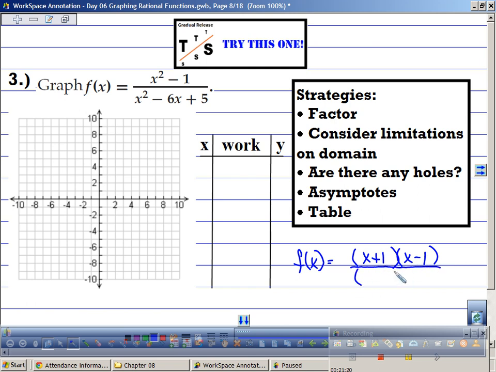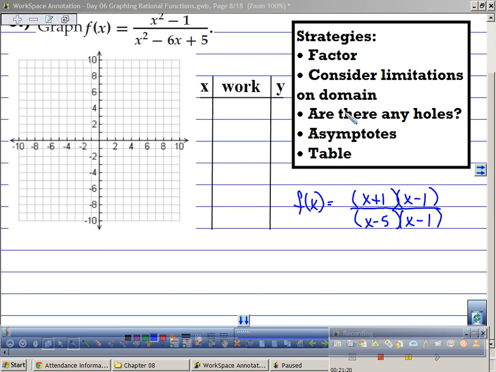And then in the denominator, Janelle, what did you get? x minus 5, x minus 1. Perfect. Before I simplify, I need to consider the limitations on my domain. So, how about Nicole? Nicole, what can x not be? Okay, right here, it is -1. Here, let's start here. So x minus 1, you got it?